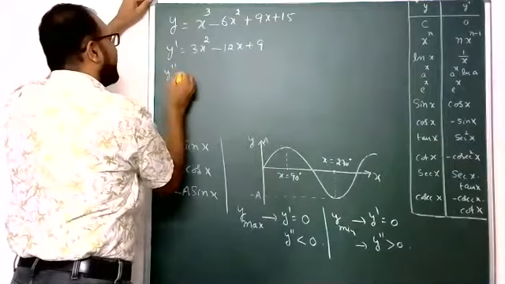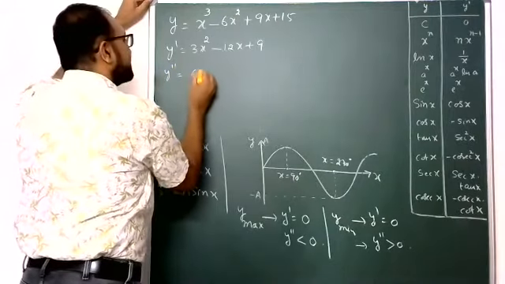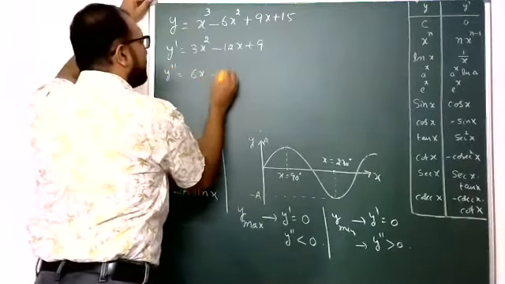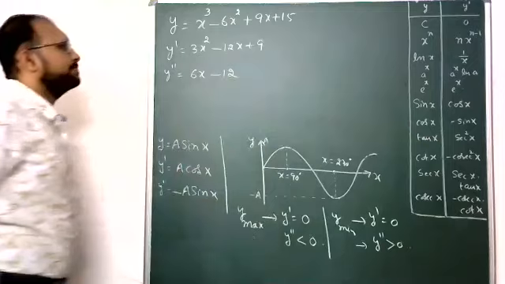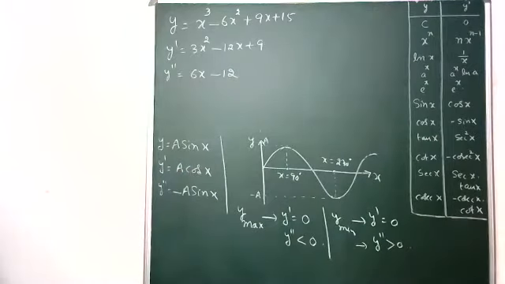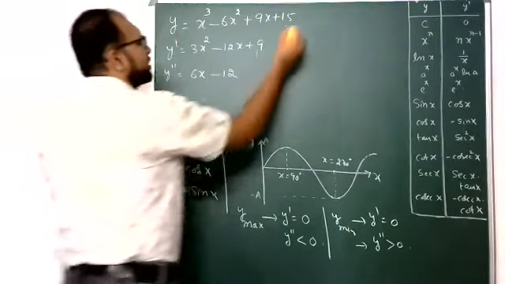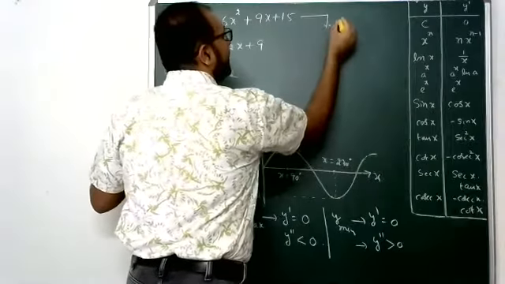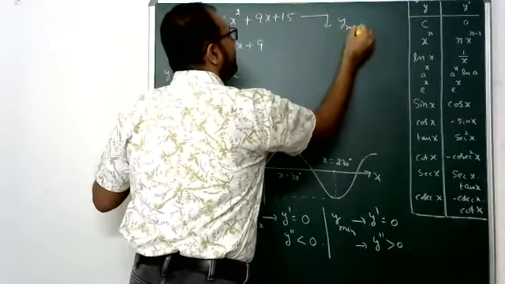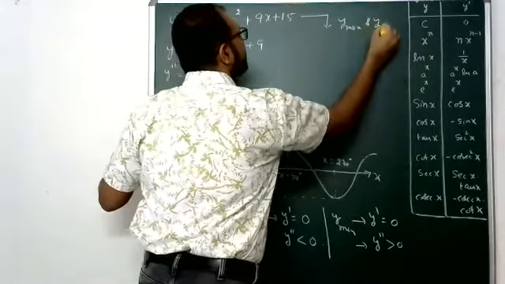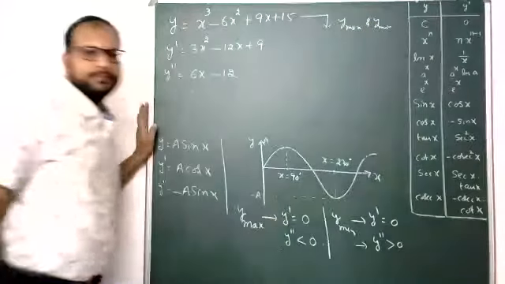And the second derivative, 6x minus 12. Now, suppose for this function the question is to find the maximum and minimum.